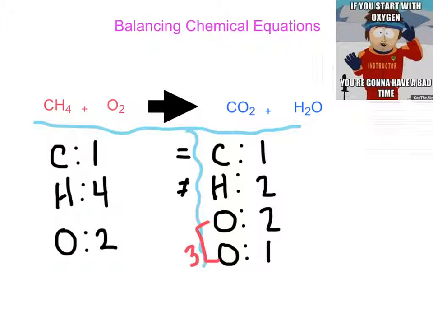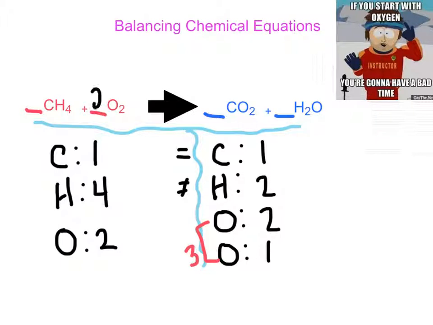So what I need to be doing here is looking at putting coefficients before the elements or before the molecules on each side if they're necessary. When I put a coefficient in front of them, it increases the entire molecule. So for example, and I wouldn't start with the O's at all, but let's just say that I put a coefficient of 2 in front of this one.